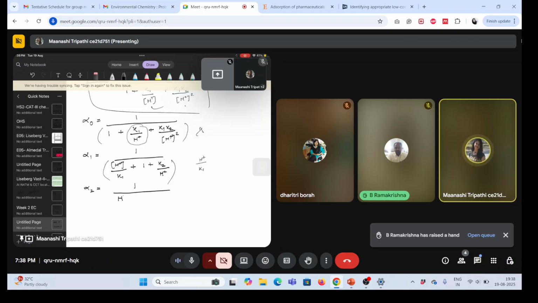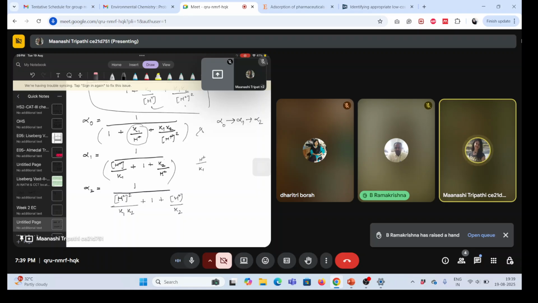So from alpha naught, we want to convert to alpha 1, then to alpha 2.